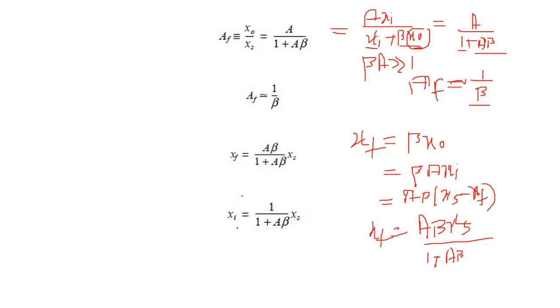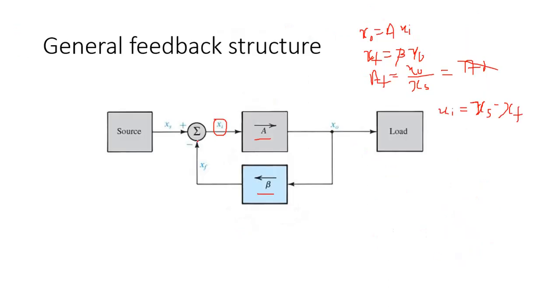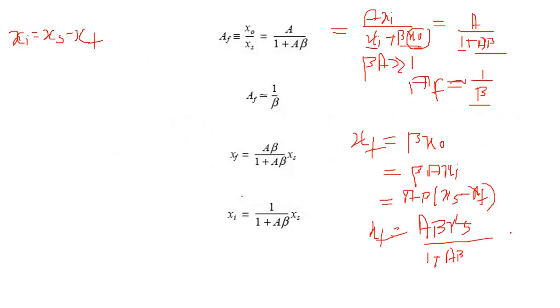Then again we can have the relationship between the input signal to the amplifier and the source signal Xs. So Xi, we know from this particular equation it is Xs minus Xf. We can do the substitution here itself. So we have this Xf equals A beta Xs divided by 1 plus A beta.